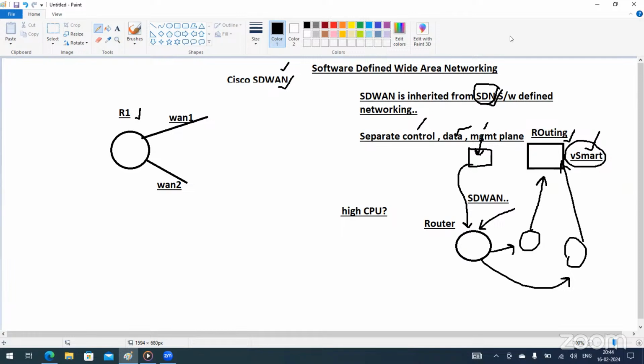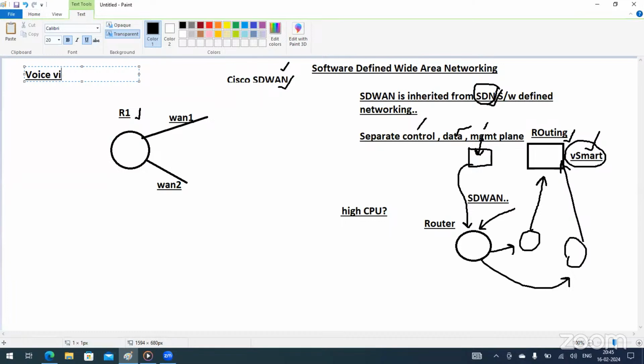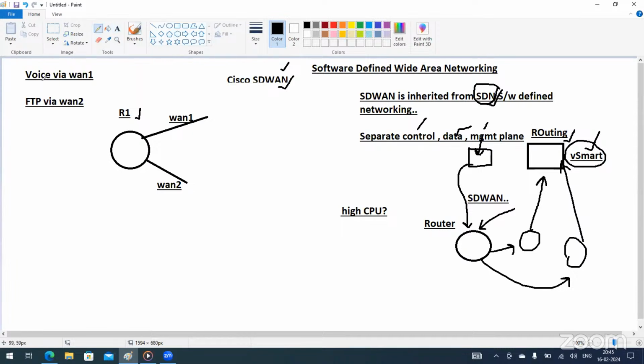So with SD-WAN, we are using more of a software based approach, more automation, for the WAN side of the network. In traditional networking, if we have two links, WAN 1 and WAN 2, and I want to send, let's say, voice traffic via WAN 1 and FTP traffic via WAN 2, this is a generic statement.